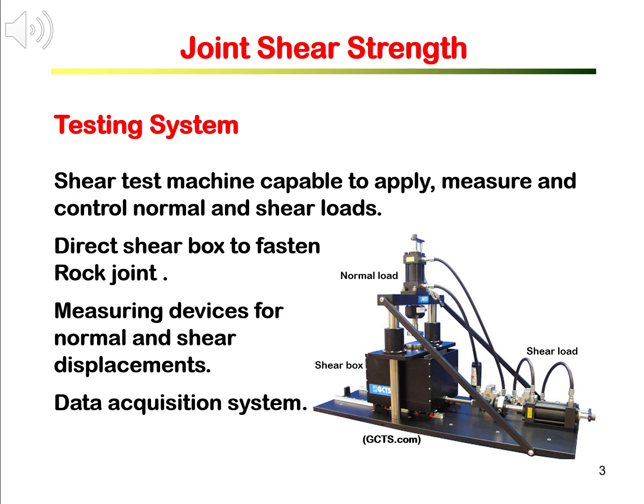Joint direct shear tests are conducted using the direct shear machine. The figure on the right shows a typical shear test machine. The shear test machine should be capable of applying, measuring, and controlling normal load and the shear load.